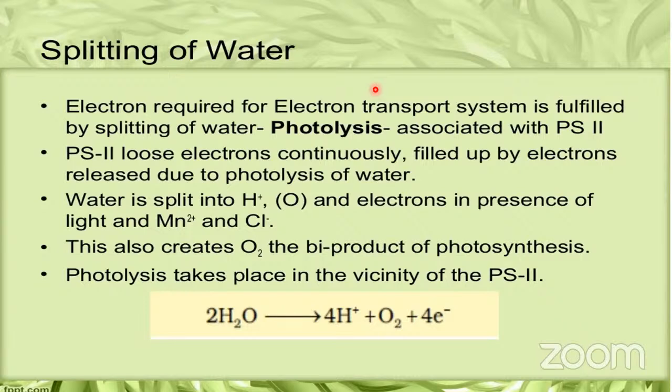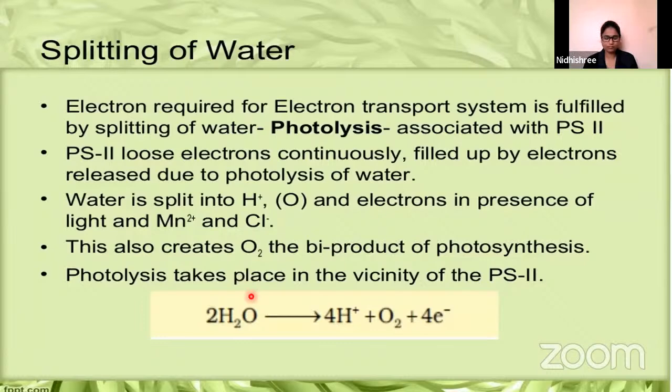Water is split into H plus, O, and electrons in the presence of light, Mn2 plus and Cl minus. This also creates O2, the byproduct of photosynthesis. The photolysis takes place in the vicinity of PS2. The process is 2H2O gives rise to 4H plus, O2 plus 4e minus, 4 electrons. Okay, thank you.